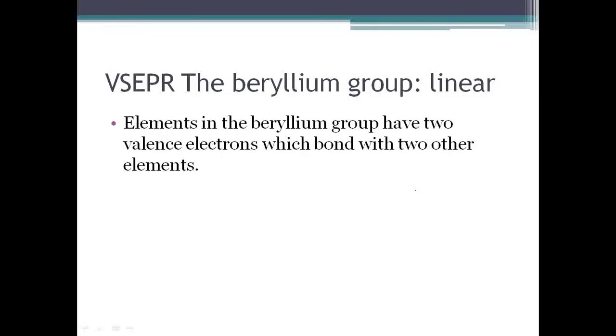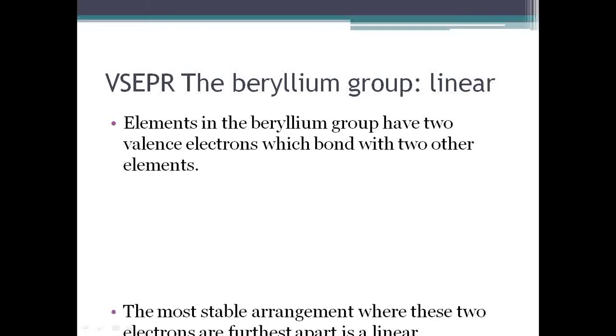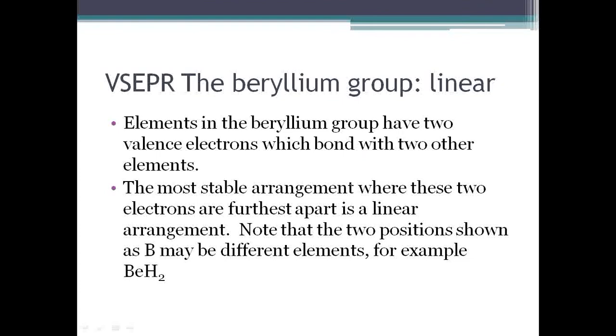Okay, let's start with an example. Let's look at beryllium. The way in which you think about the shape of something is first of all consider an element. Let's consider beryllium.